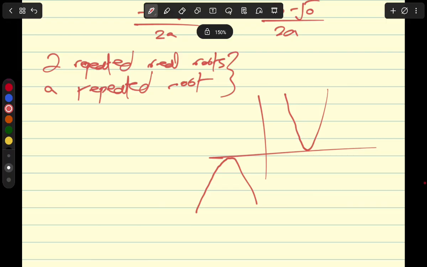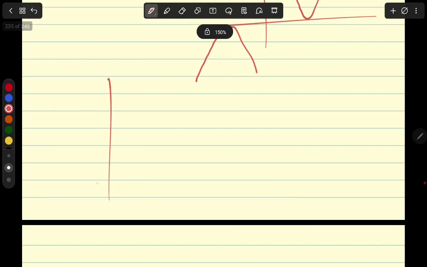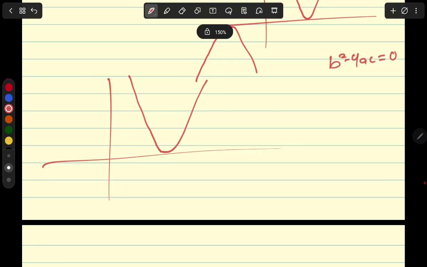Whenever a question says the line is a tangent or the parabola touches the x-axis at just one point, we right away know that its discriminant is equal to 0.